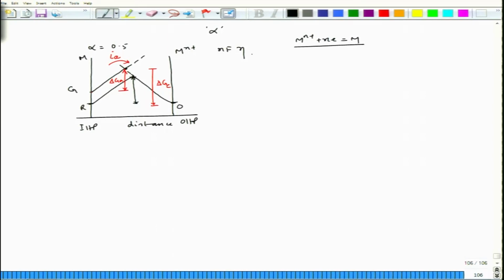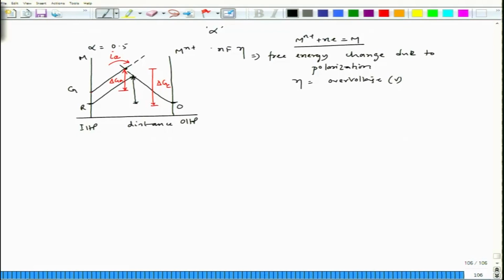This is my free energy change due to polarization, and of course, this is the overvoltage in volt.